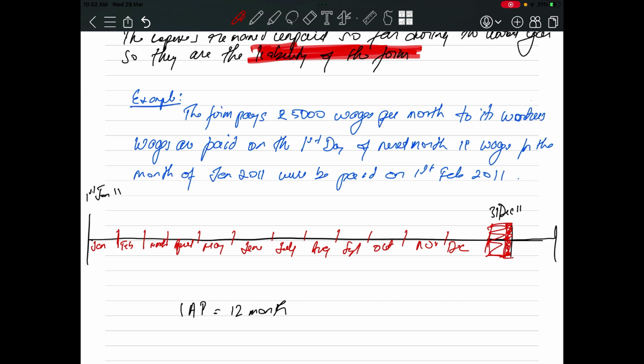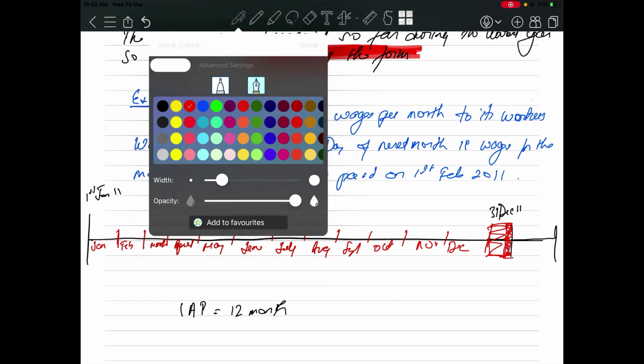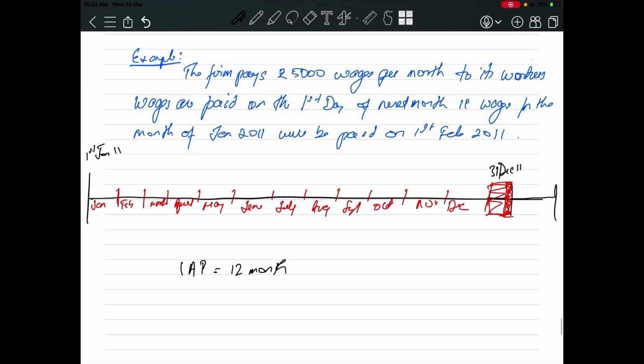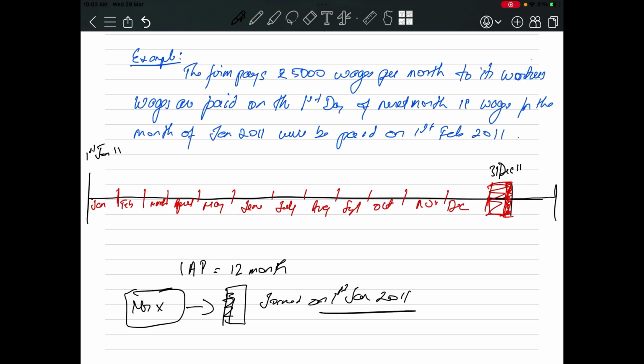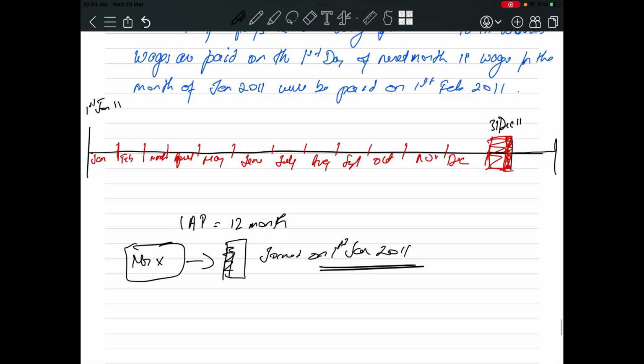Now see, there is a worker called Mr. X. Mr. X has joined a company, say for example a factory, as a worker. Mr. X joined on 1st Jan 2011. Do you think as soon as Mr. X joined on 1st January 2011, he will be paid wages for the month of January?